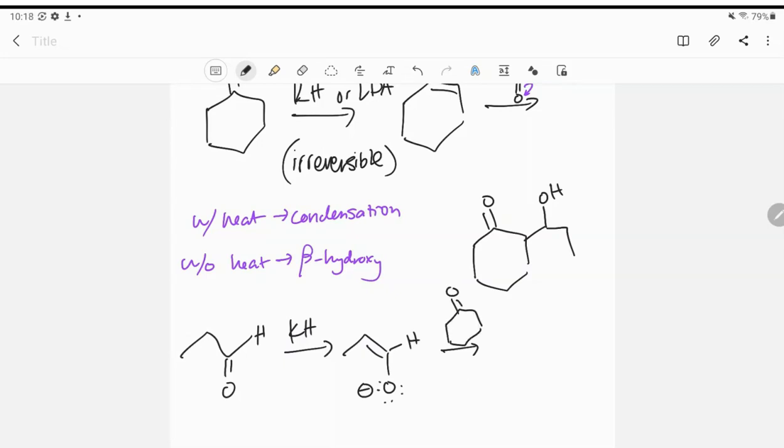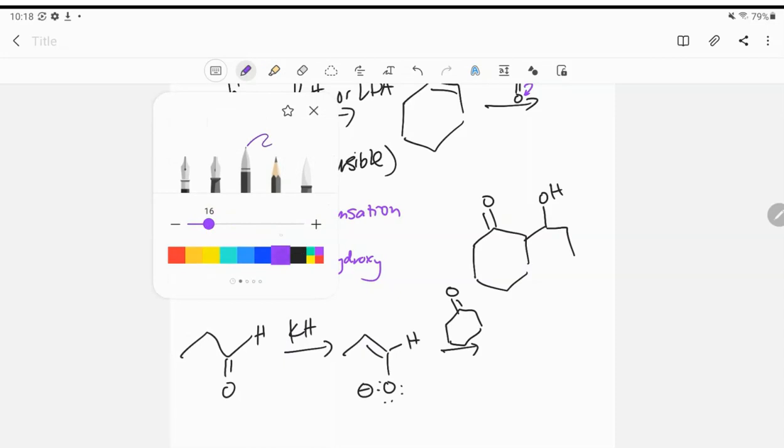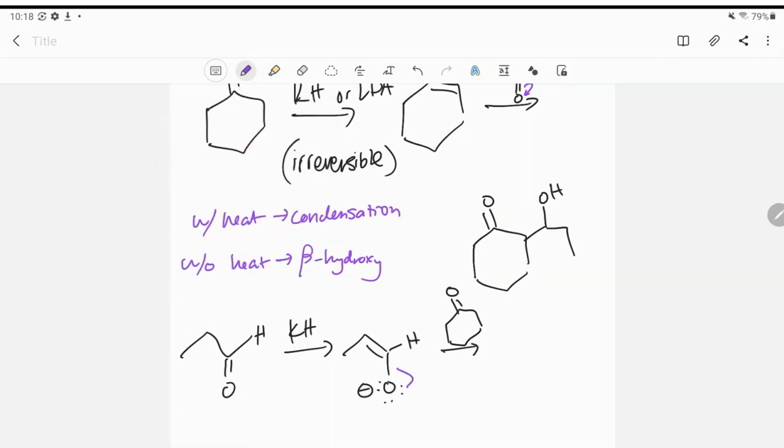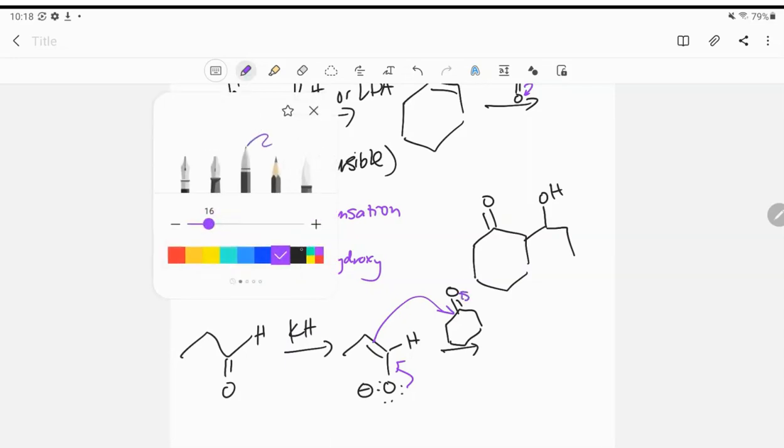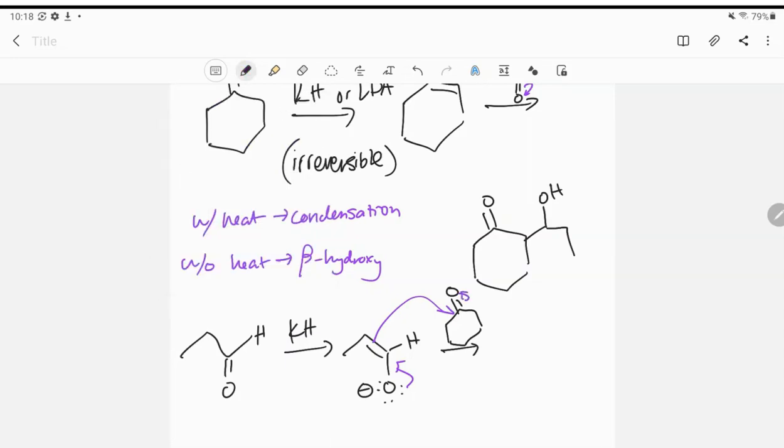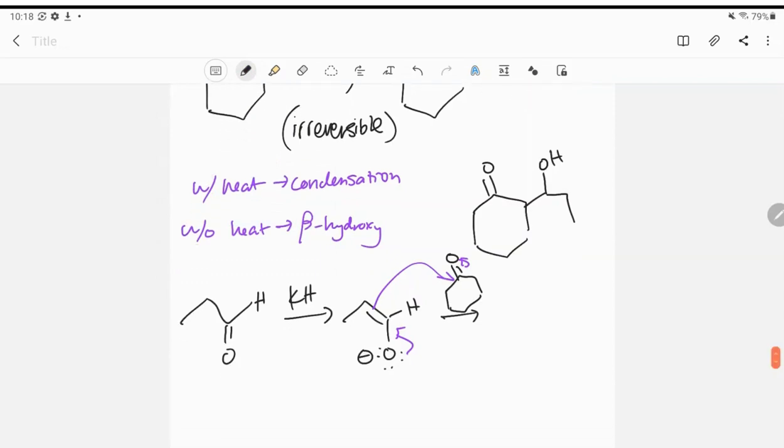In this case, it's the cyclohexanone. It comes down, attacks the carbonyl, pops it open. So this is going to be a bit messy, but here we go. We now have our OH and then cyclohexane there. And so we would end up with this as our product.